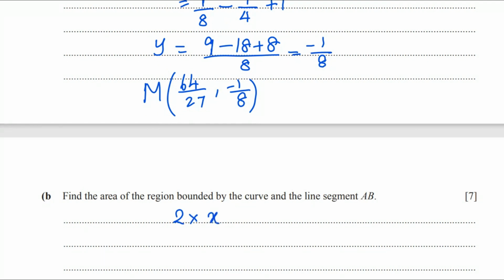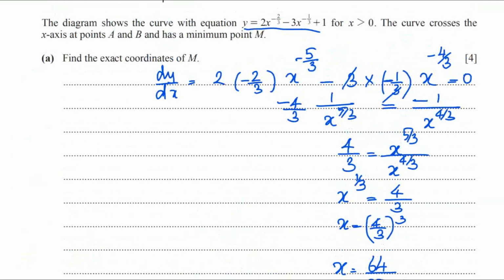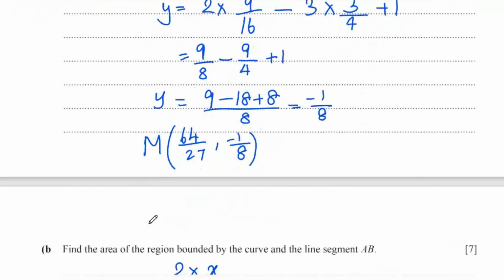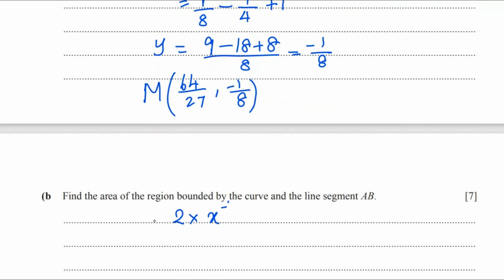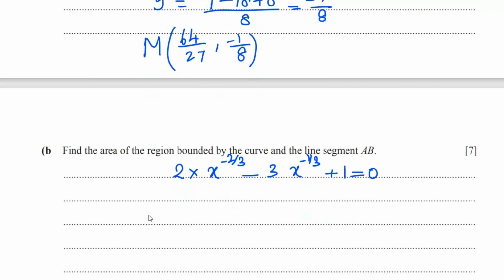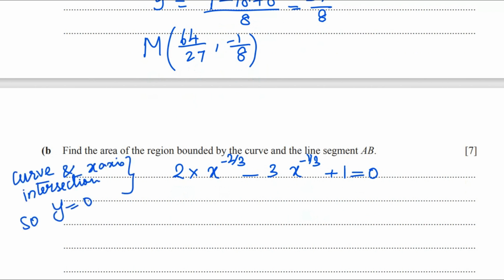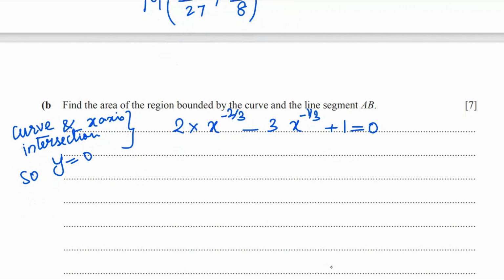Two times x power negative 2 over 3 minus 3 times x power negative 1 over 3 plus 1 equal to 0. Okay. So let's solve this equation now by taking x power 1 over 3 as t.